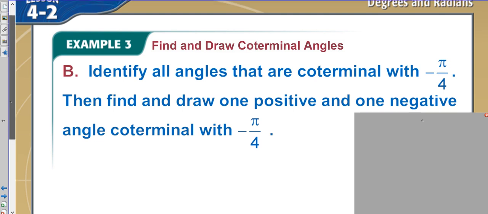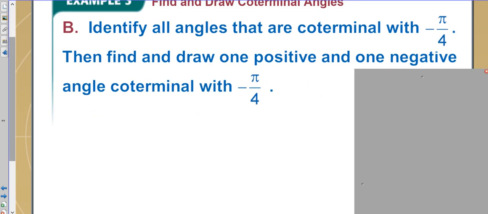So let's try part B. This time we're looking at radians. So it says identify all that are coterminal with negative pi over 4. Well, remember the formula. We add 2n pi to this. So we start here, and we would add 2n pi, where again, n is an element of the integers.